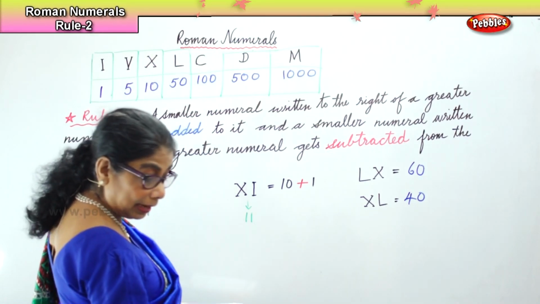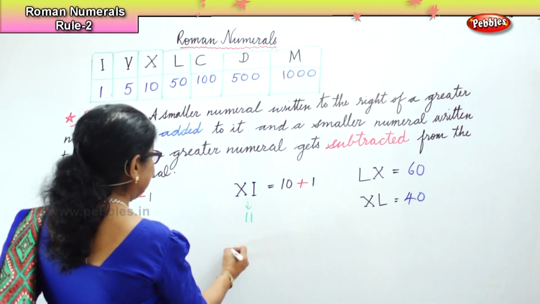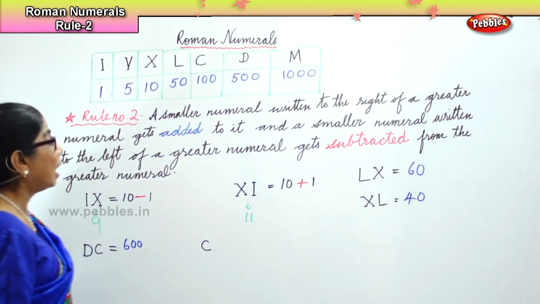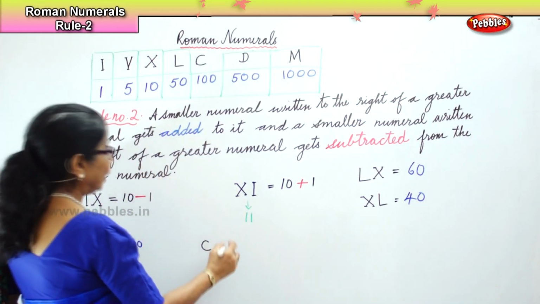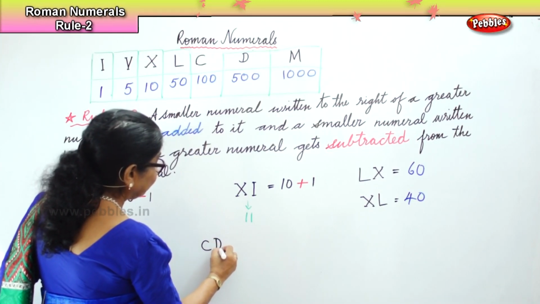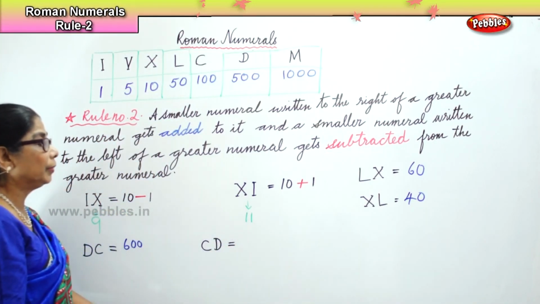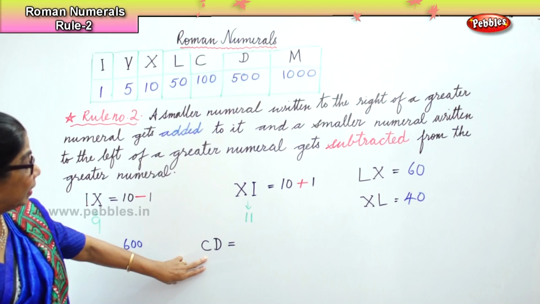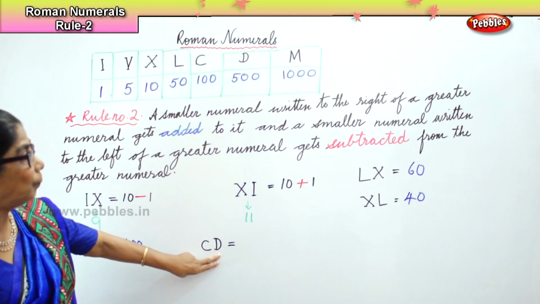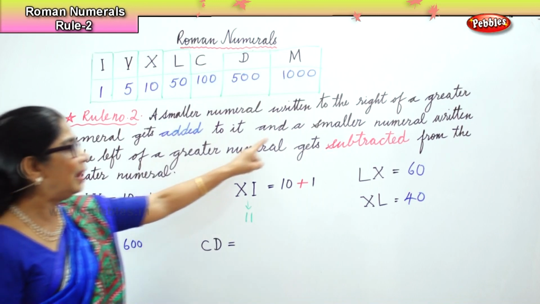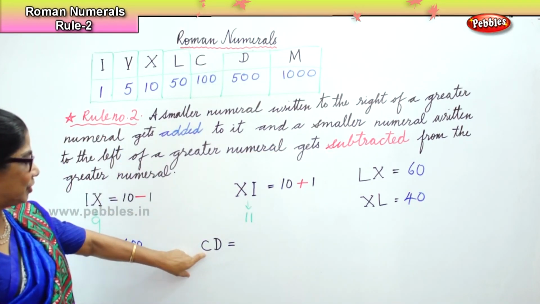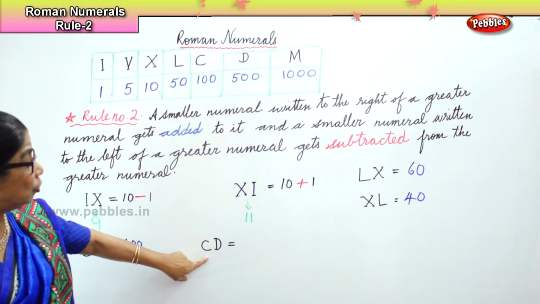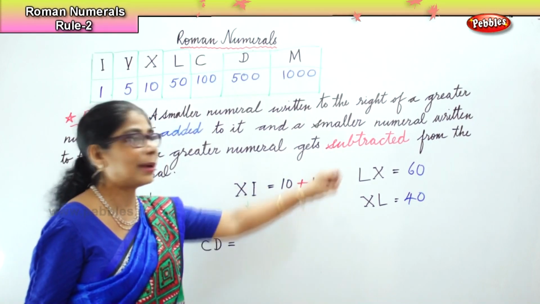Okay, now let's take another Roman numeral, that is C. Let us look at C, which is 100. I am putting the 500 here. Now let's follow the rule. You have the small number 100 here and the big number. A smaller numeral 100 written to the left of the greater numeral automatically gets subtracted.